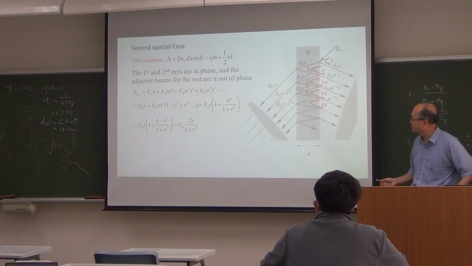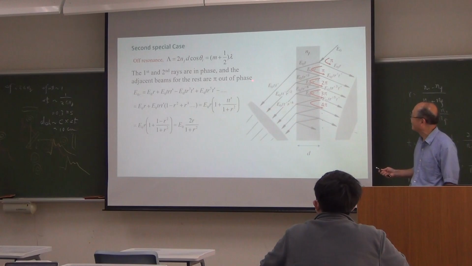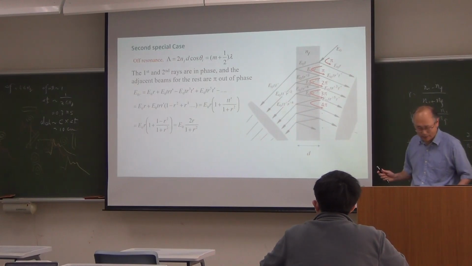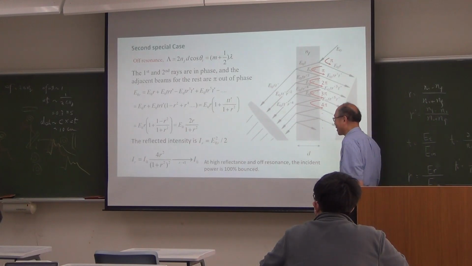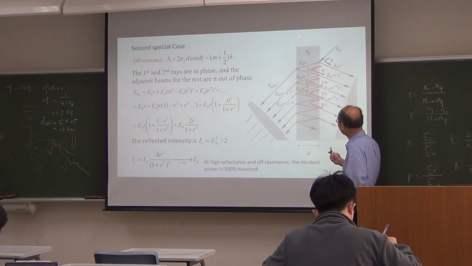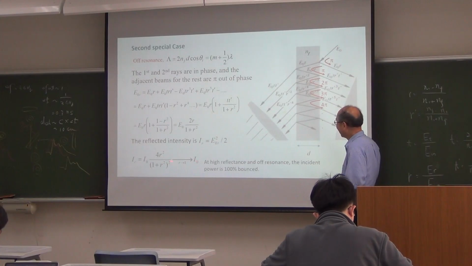Well, this does not tell you much. It just tells you that off resonance, you have some reflection. Okay, so let's calculate the intensity. If you absorb the intrinsic wave impedance into this calculation, you have a factor 2 here, then you end up having a result that only if the coating here is almost 100%, would you get 100% reflection.